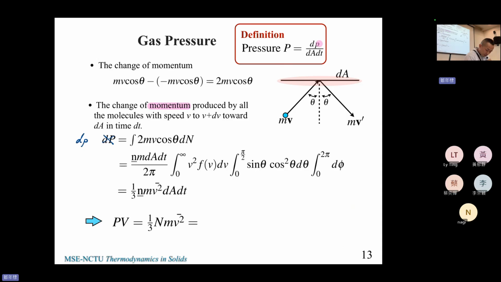Momentum is mv, right? Mass and velocity. The definition of momentum. So the change of the momentum per unit time and unit area is the definition of the pressure P.